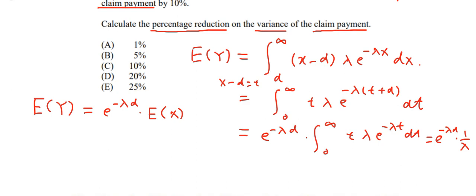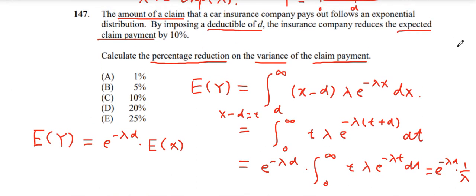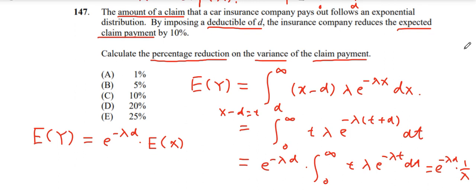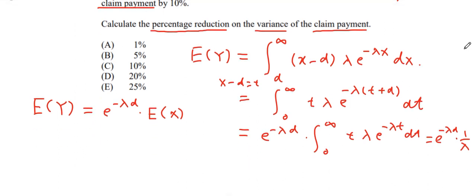So this is the payment expectation reduced by 10%. This means e^(-lambda d) equals 0.9.